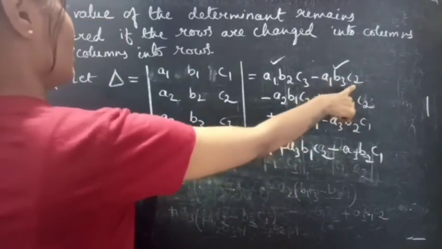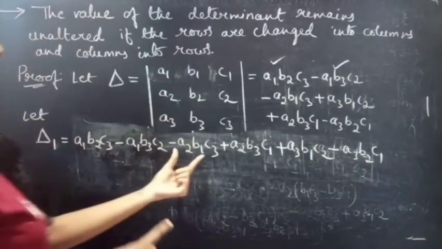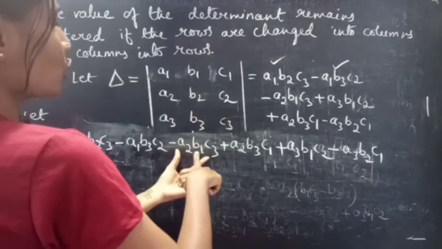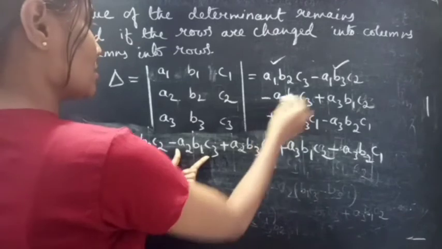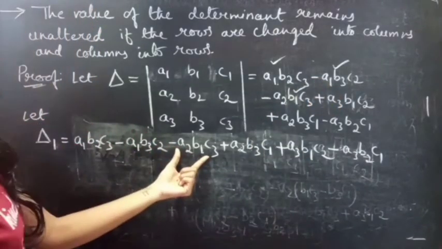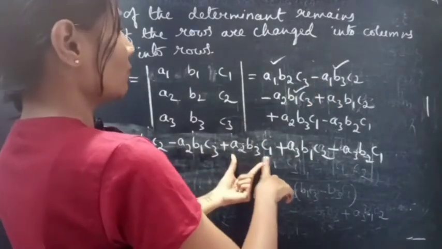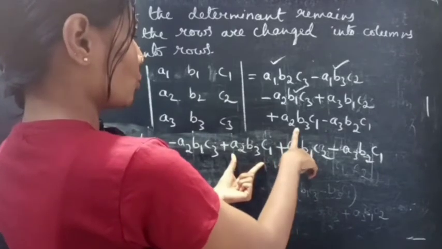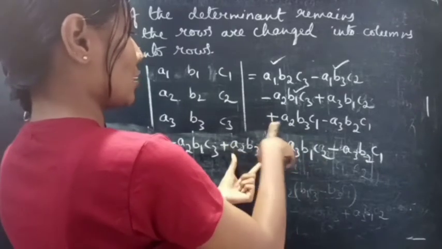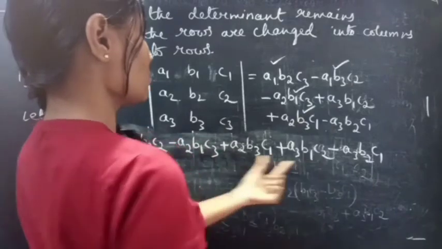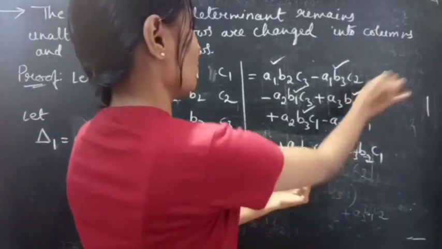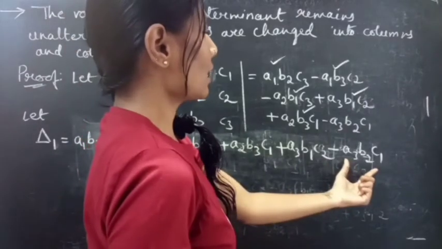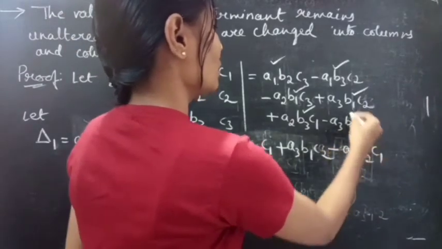Minus A2 B1 C3, you also have this. Next plus A2 B3 C1, so you have this. Next A3 B1 C2, and minus A3 B2 C1, the same here.